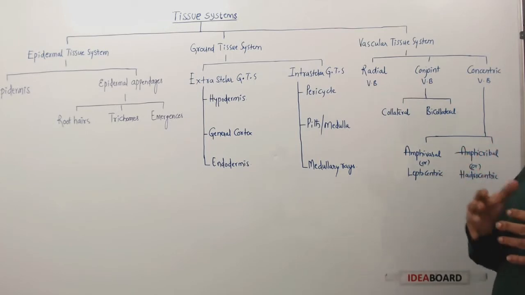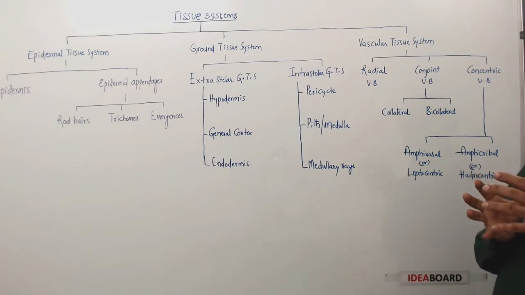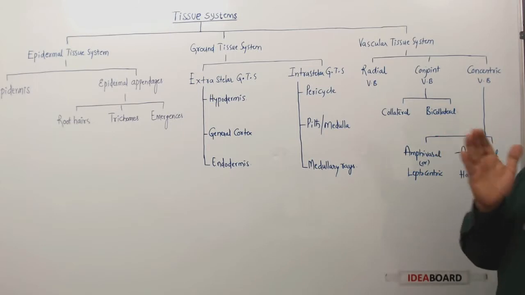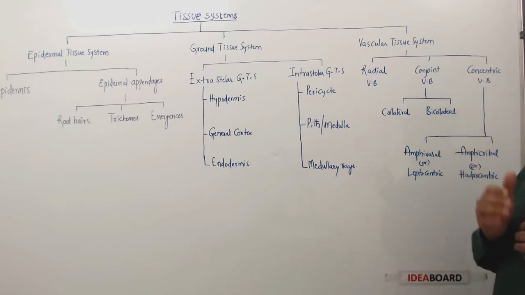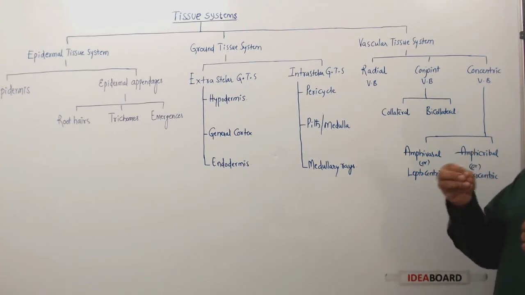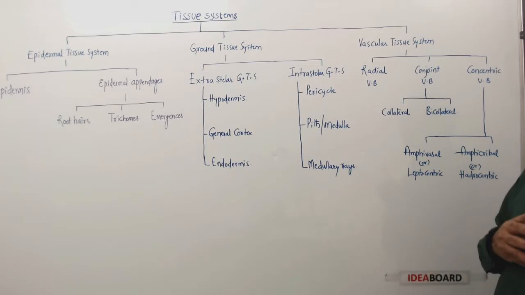When you find xylem and phloem together on the same radius, we call them conjoint vascular bundles.